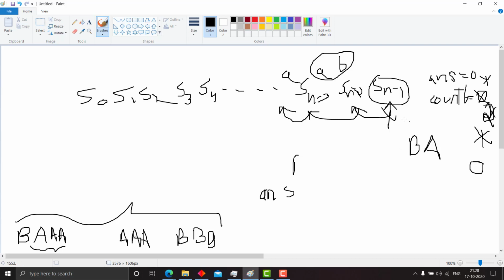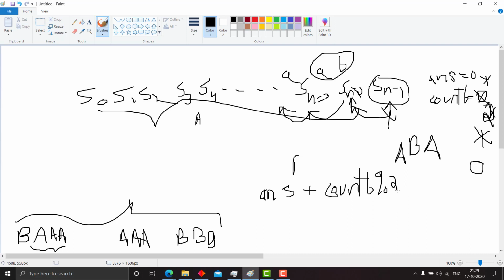As you can see, if there is a and then count b becomes 1, then in all this string there cannot be an a, so you can never have an aba string. This is the approach of this question, that only these three special cases will always occur. So the answer would be answer plus count b mod 2.